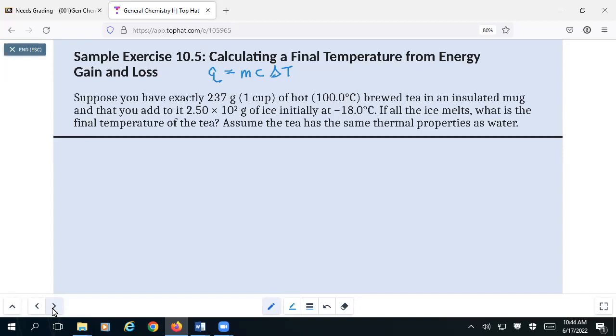We've got the ice that is going to go through a process of warming, plus a process of melting, and then presumably another warming phase to get up to the thermal equilibrium with the water.